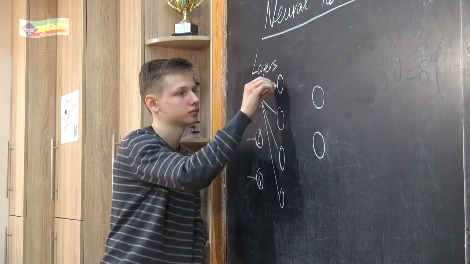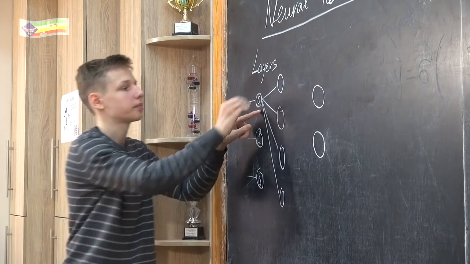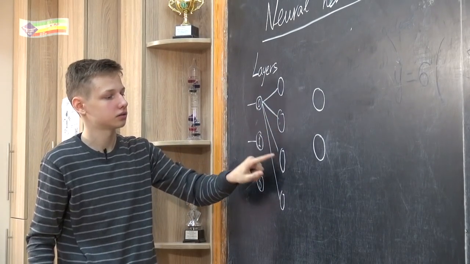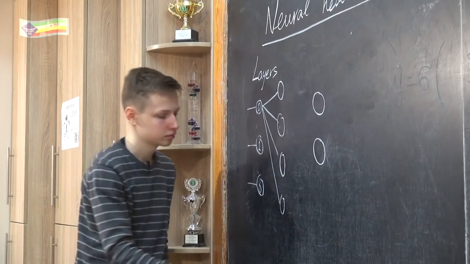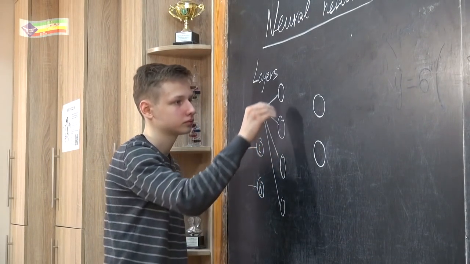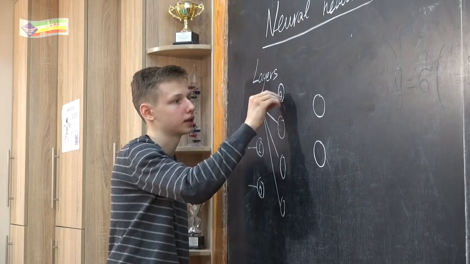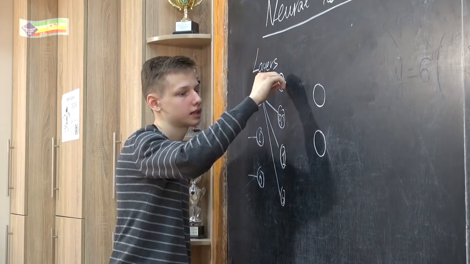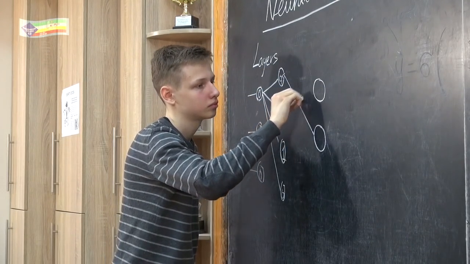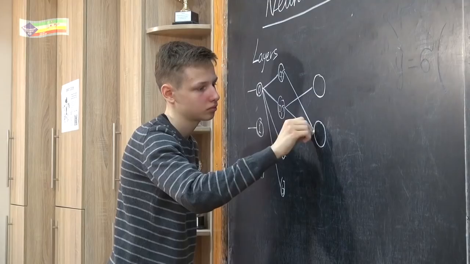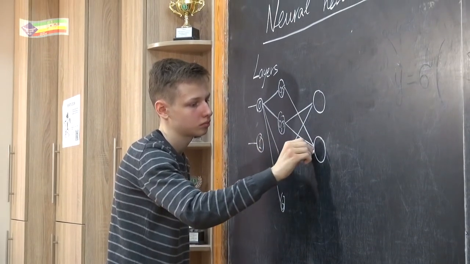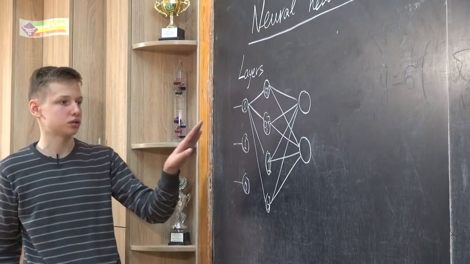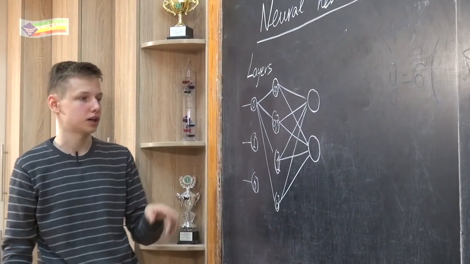And then we distribute this 0 between other neurons of the next layer. And then we get some values. And then we distribute to the final layer, which is called the output layer.